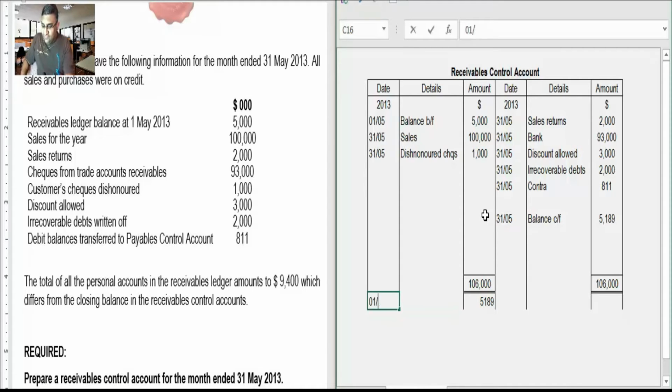It should be the 1st of April. That's my balance brought forward on the 1st of April.